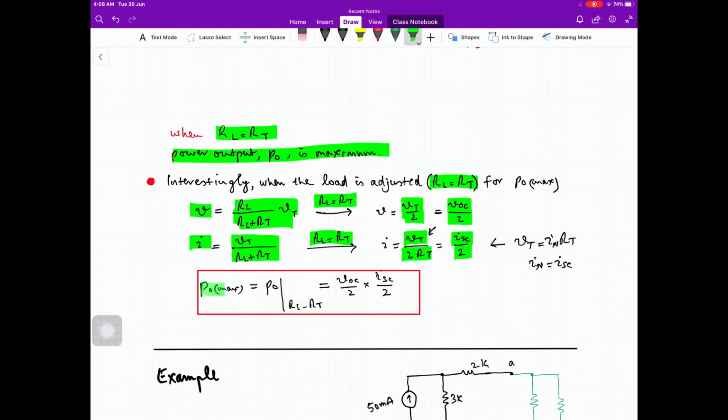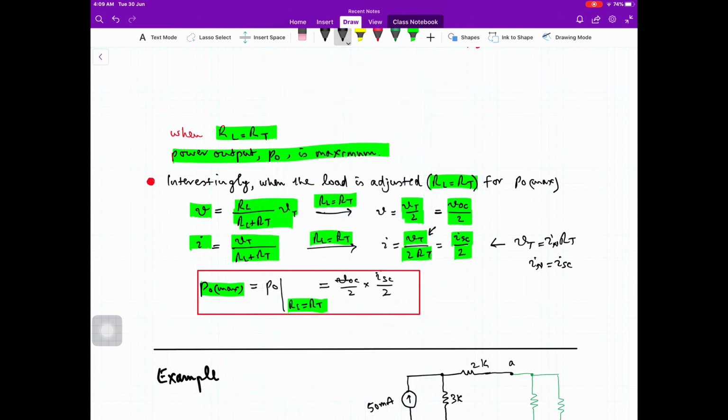Now, for maximum power output, we substitute RL equal to RT, and at RL equal to RT, what is the voltage?